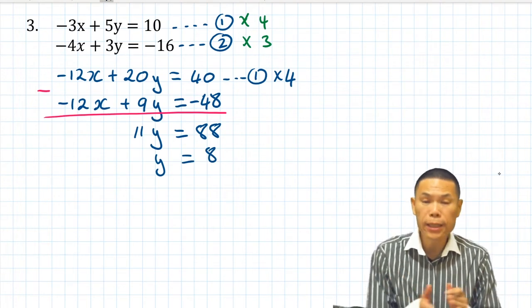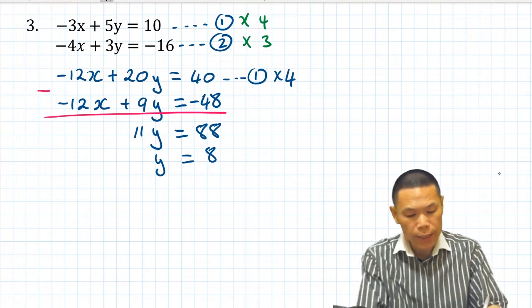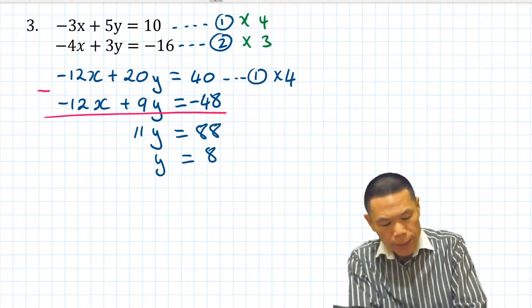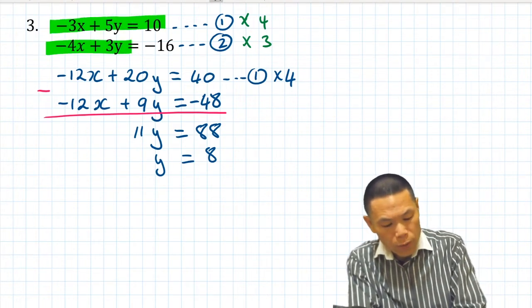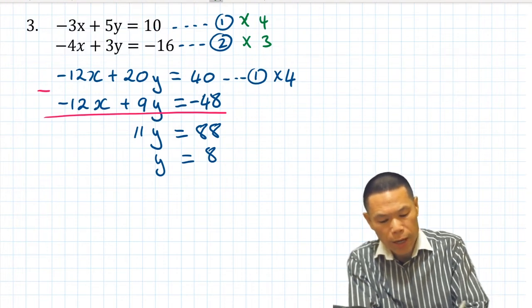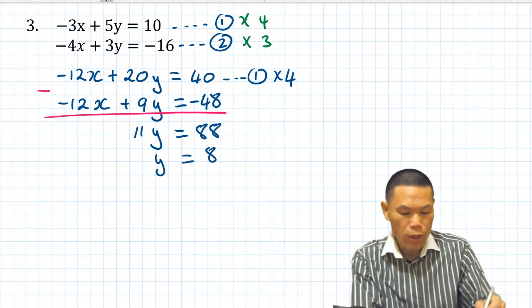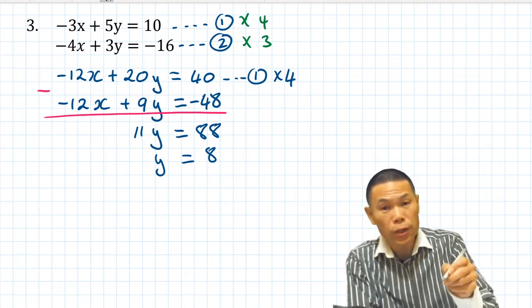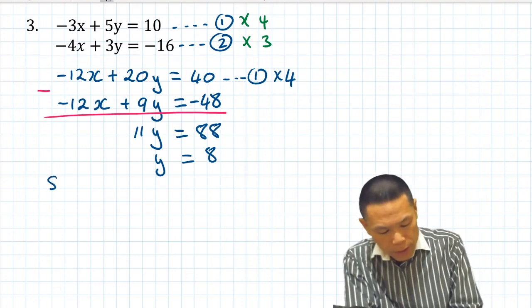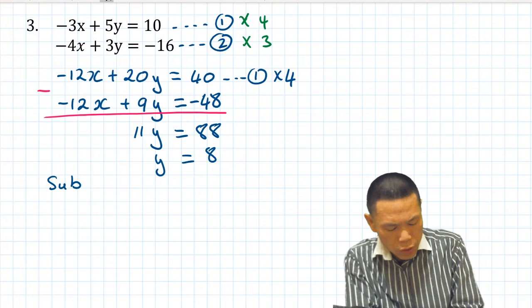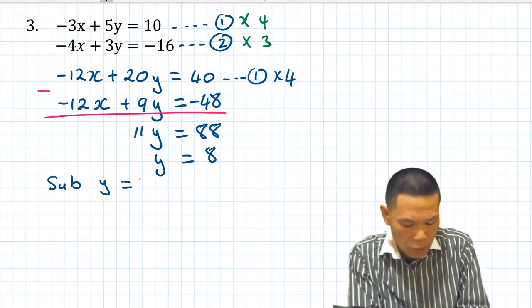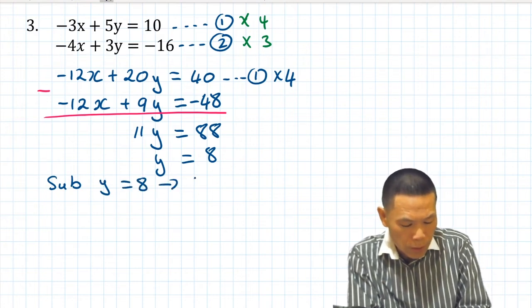Now when y is equal to 8, I can either substitute y equal 8 into this equation or that equation here. It doesn't really matter. So I'm going to substitute y equal 8 into equation number 1.